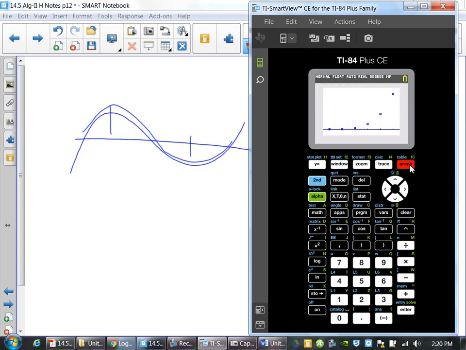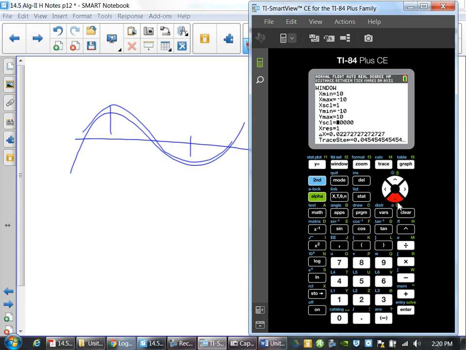Oops. Again, remind me to show you a trick with your graphs. Your window, if you put 1,000 as the scalar, I didn't know that.